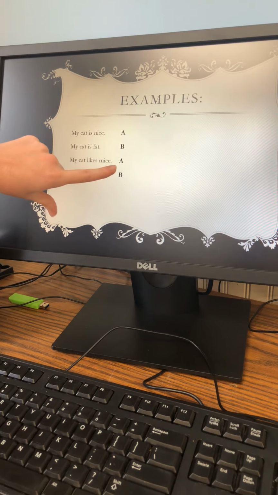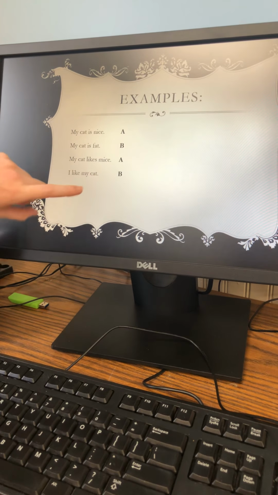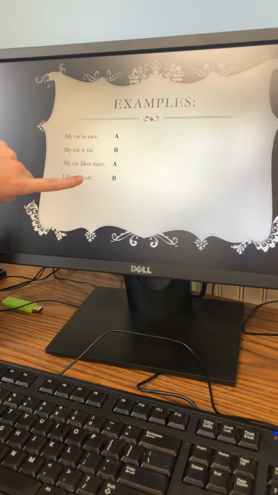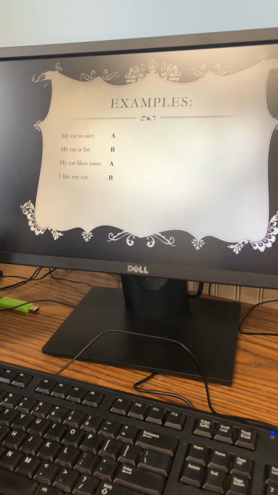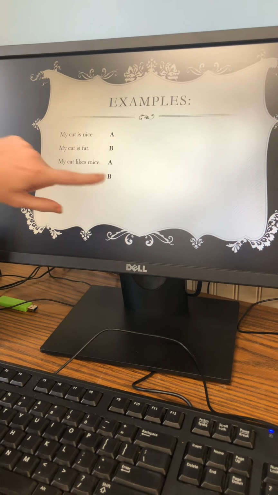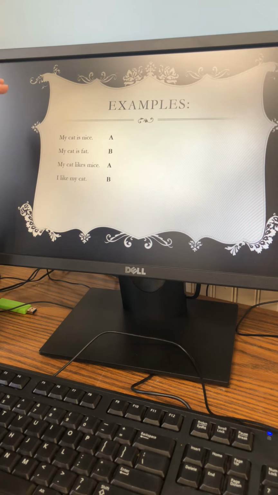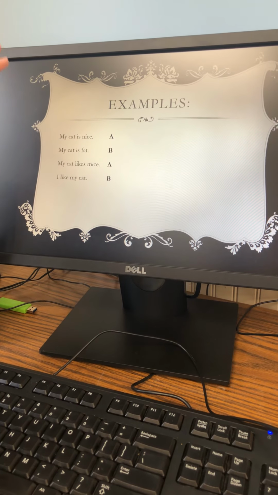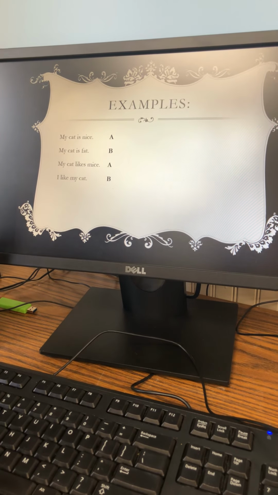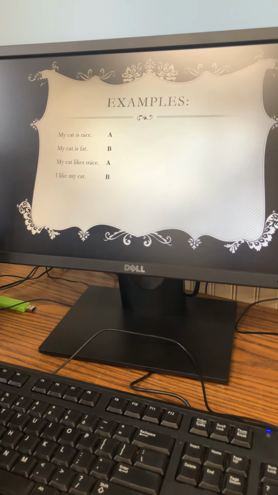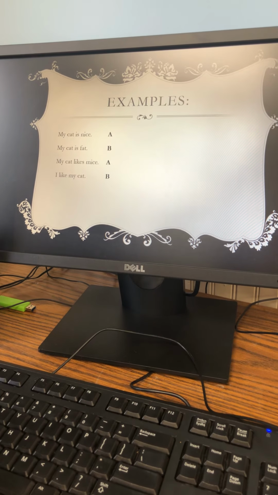Mice rhymes with nice, so it gets an A. The fourth line is cat. Cat does not rhyme with nice, but it does rhyme with fat, so it gets a B. So your rhyme scheme for this poem or this stanza would be A, B, A, B. The previous poem, the rhyme scheme would have been A, A, B, B.